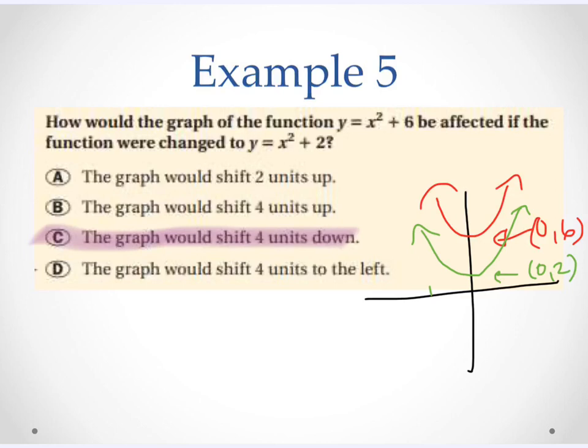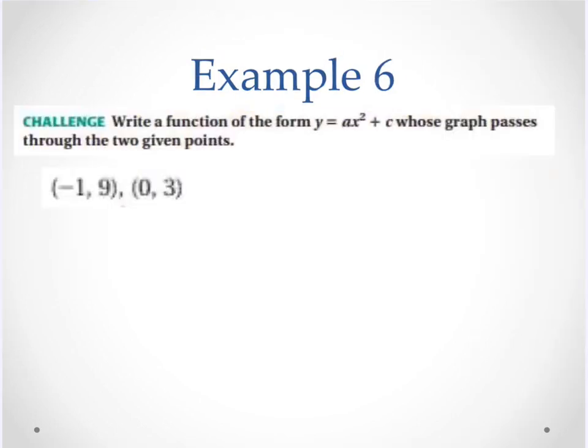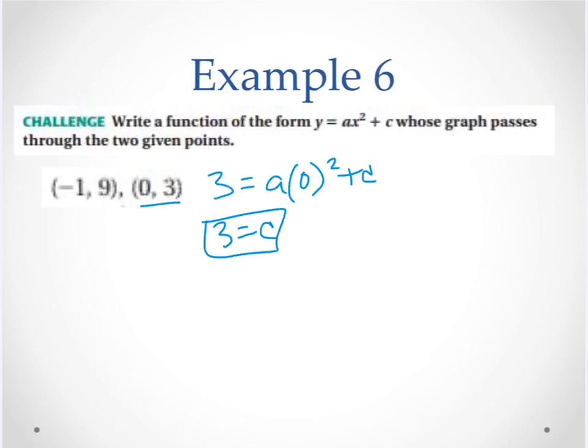Okay. Let's look at this next one. We have to figure out what the function is that passes through those 2 points. So the best thing you could do is just plug in those points and see what happens, right? That is an x and a y value on both of those points. Let's look at the second point. Plugging in that second point, we will see that C is equal to 3.